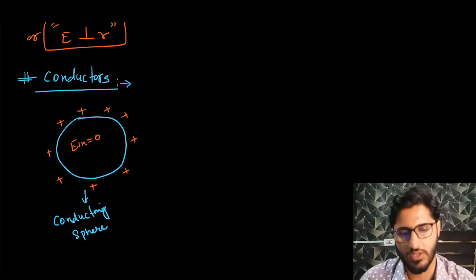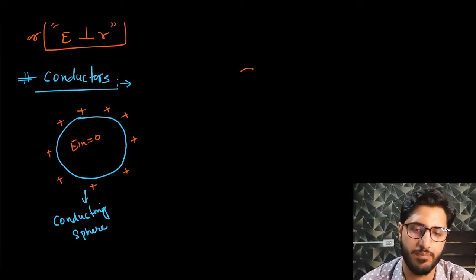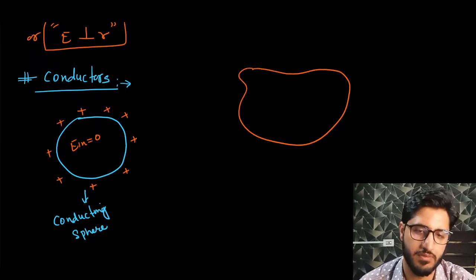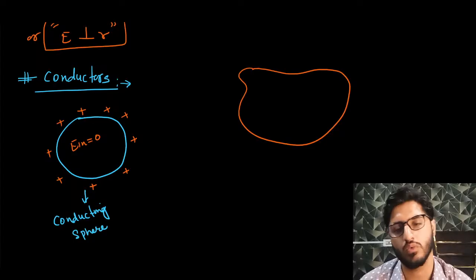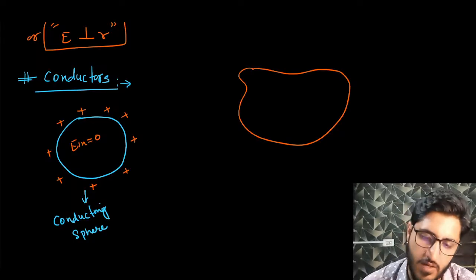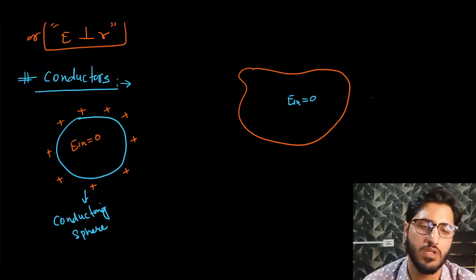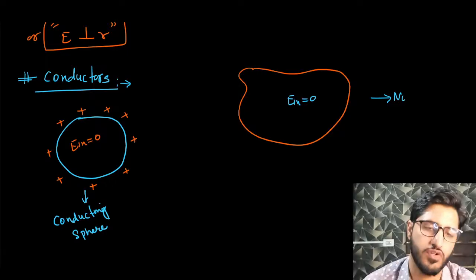Let's suppose we have an asymmetrical shape like this. How will charge distribution take place? It will be non-uniform. We know that inside it will still be zero, but the charge distribution will be non-uniform.